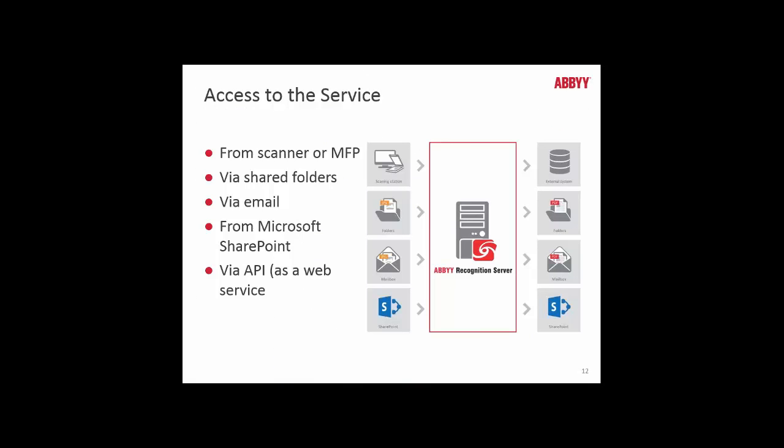Now here you can see how you can get access to ABBYY Recognition Server, and basically it is available to input documents from scanners or MFPs, from shared folders, via email, from Microsoft SharePoint, and using API.